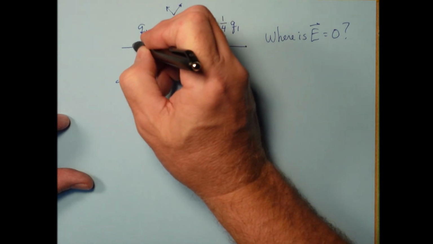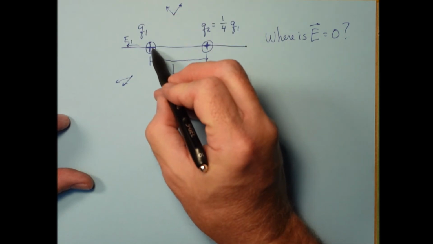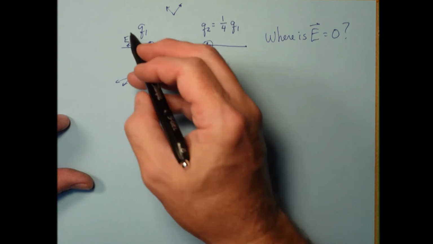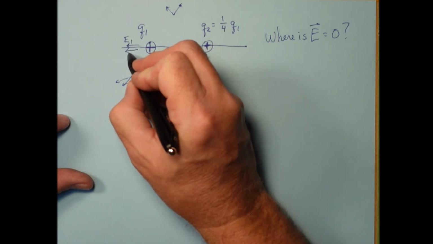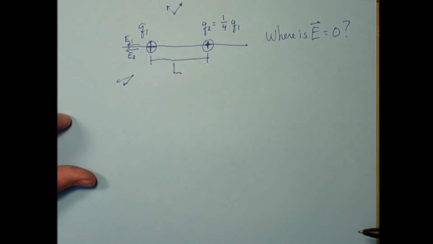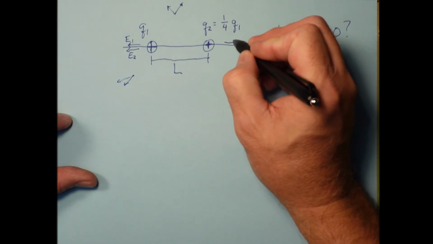So if E1, that's the electric field from charge 1, points that way over here, the electric field from charge 2 is also going to point that way. So those can't possibly cancel because they're not in opposite directions. Same's going to be true out here.